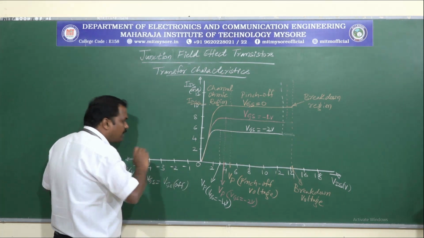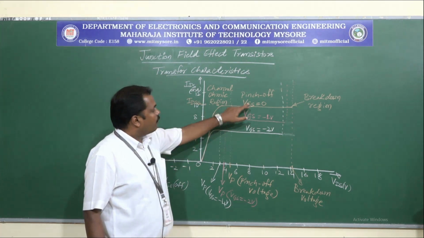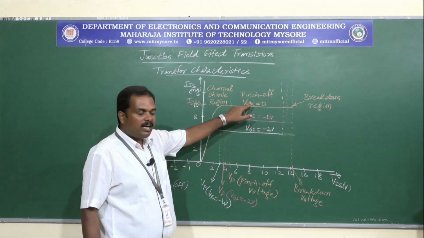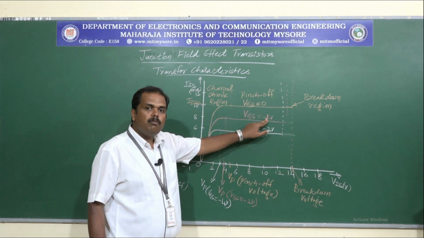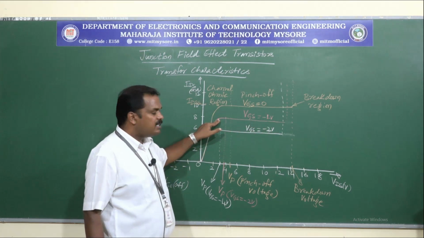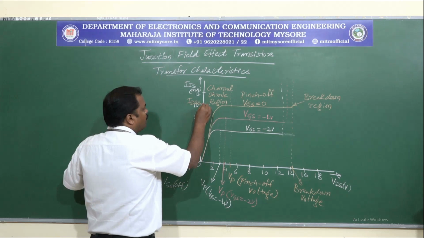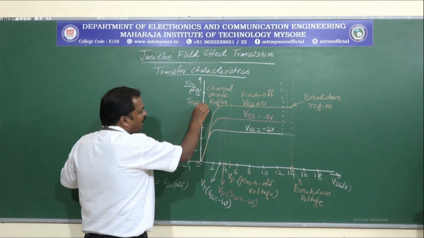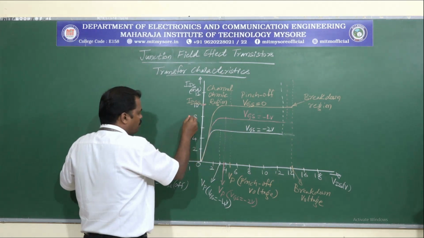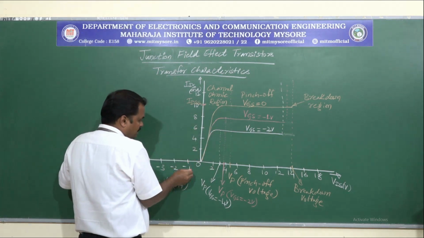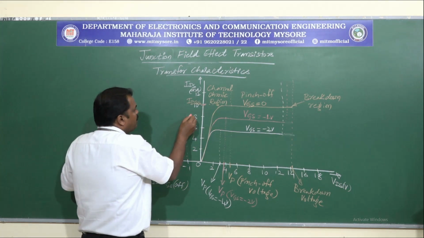Here you can see this is the IDS level for VGS equals 0. Now if VGS is reduced to minus 1 volt, the IDS level is reduced.